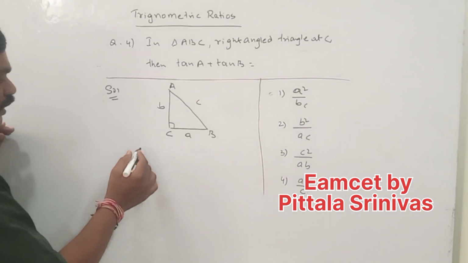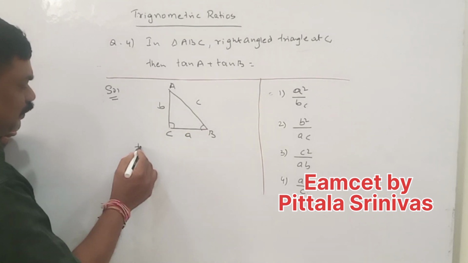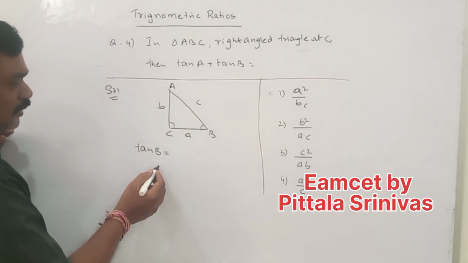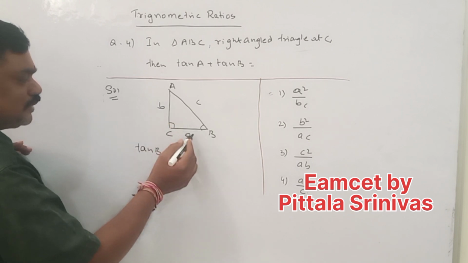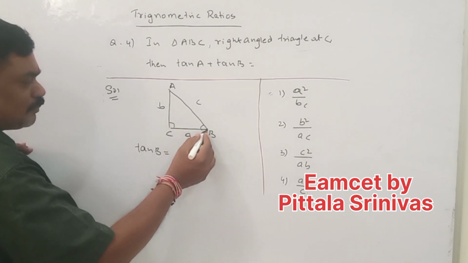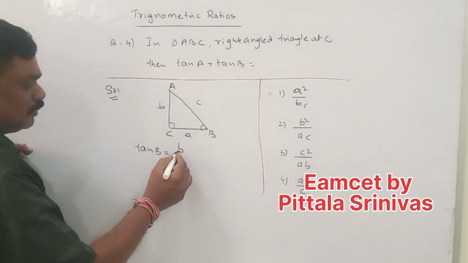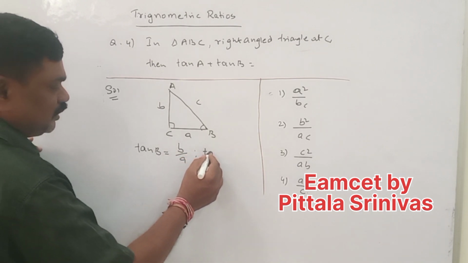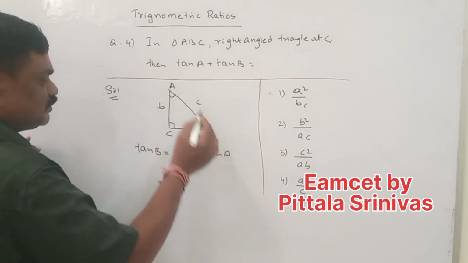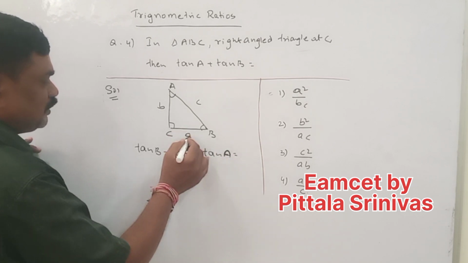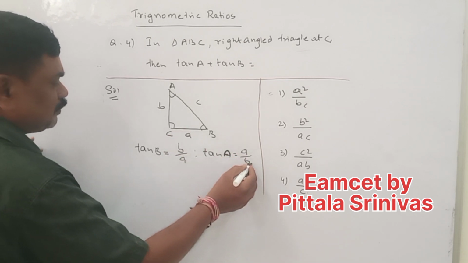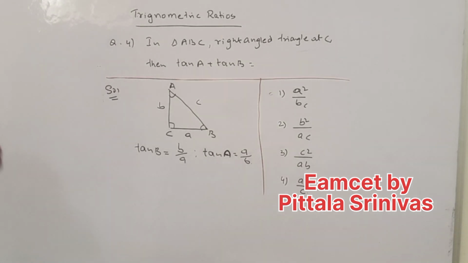So here tan B is equal to what? Tan B is equal to opposite side by adjacent side to this B, so b by a. Similarly, what is tan A? Tan A is equal to a by b.